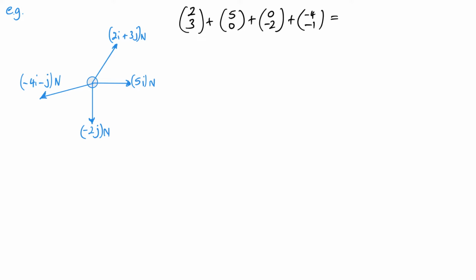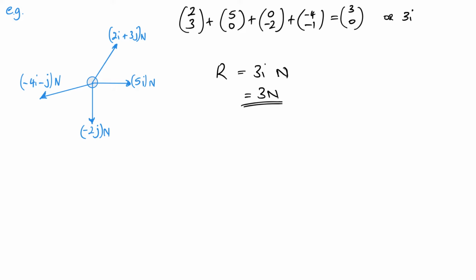So looking at my i's, we've got 2 plus 5 is 7, minus 4 is 3, and 3 take away 3 is going to be 0, or 3i here. So in this case, I can say that my resultant force is just 3i newtons, which would just be the same as 3 newtons, as i is just the size of 1.